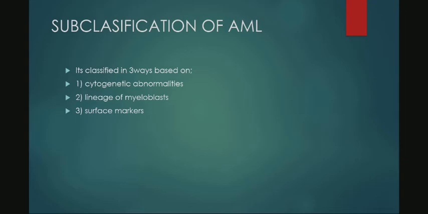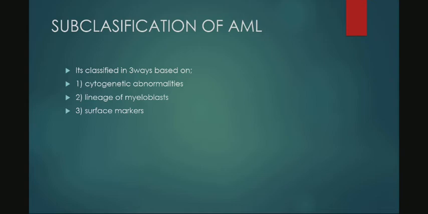Now with this disruption you end up having immature promyelocytes accumulating, and these will contain Auer rods within them. The other risk factor associated with this condition is that the Auer rods present within the immature promyelocytes are capable of activating the coagulation cascade, and this might later present with disseminated intravascular coagulation, DIC.